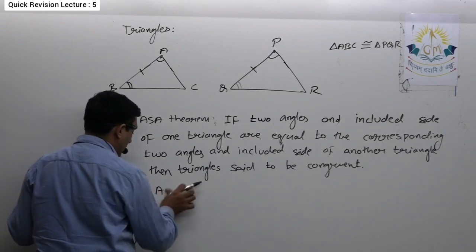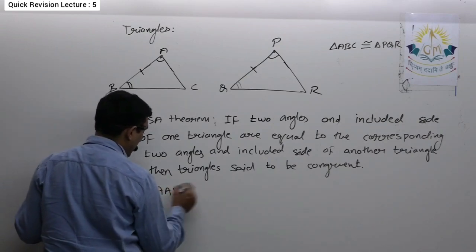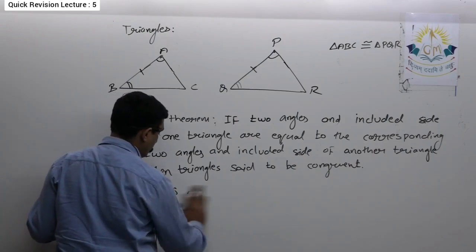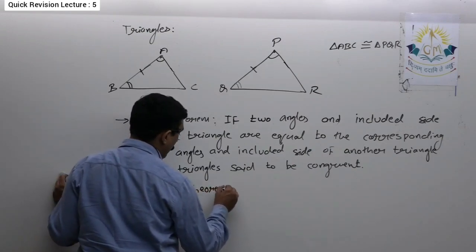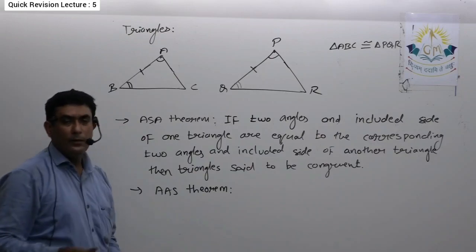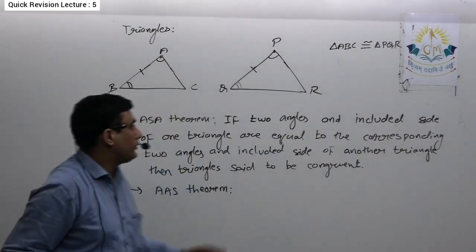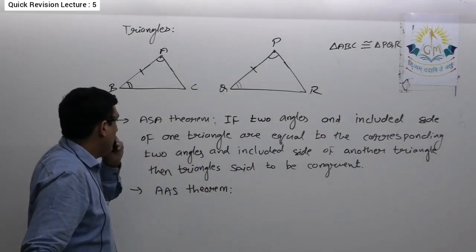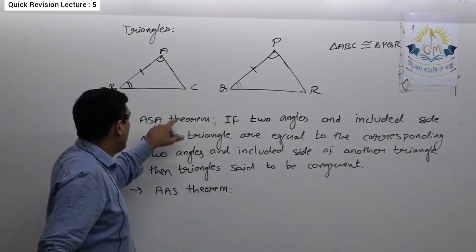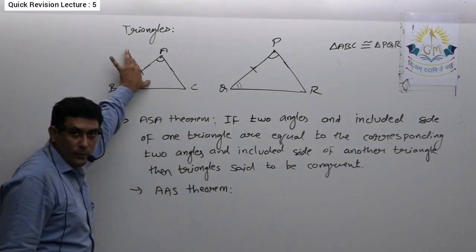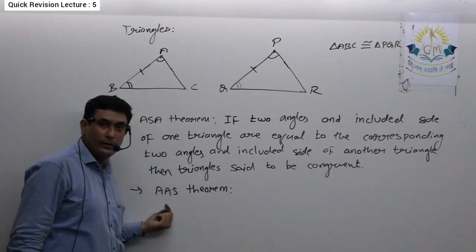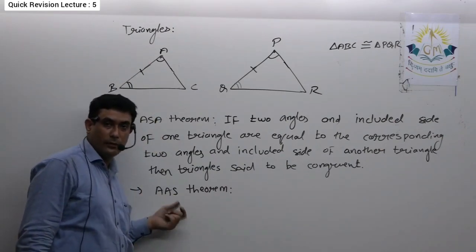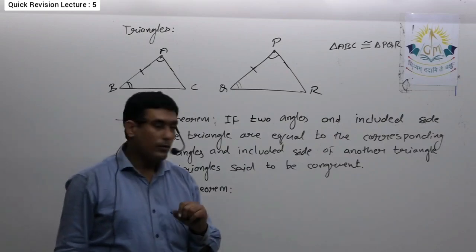Now there is one more rule, the angle angle side theorem. I can say it's a byproduct of angle side angle. See, in the angle side angle theorem, two angles and the included side must be equal, but angle angle side says any two angles and a non-included side are equal, still we'll say triangles are congruent.